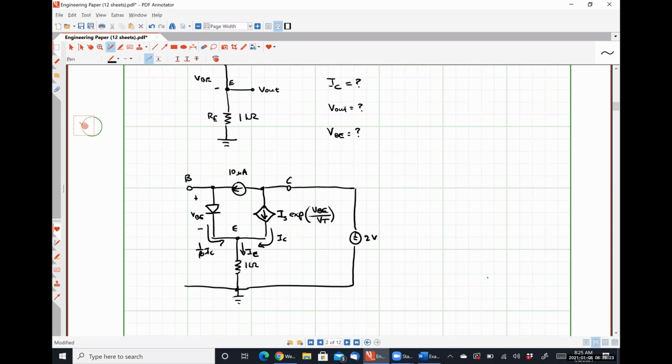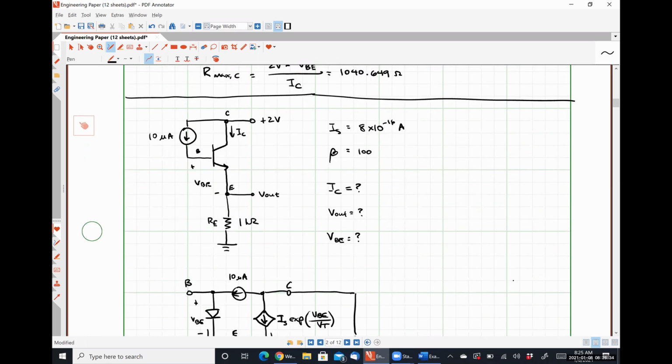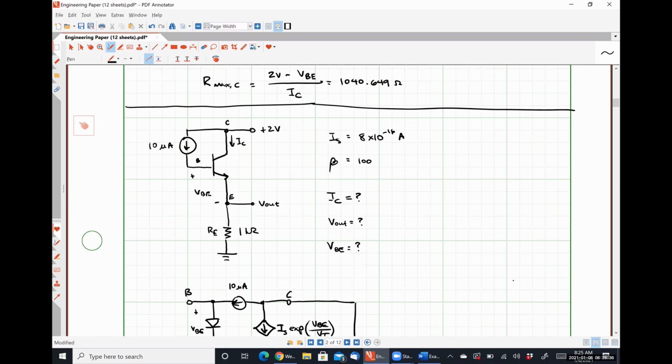But we don't know what VBE is. If we look at our original circuit, VBE is the drop between the base terminal and the emitter terminal. But we can't say that there's no voltage drop over that 10 microamp source, so there's no logical reason to say that VB is exactly equal to VC.